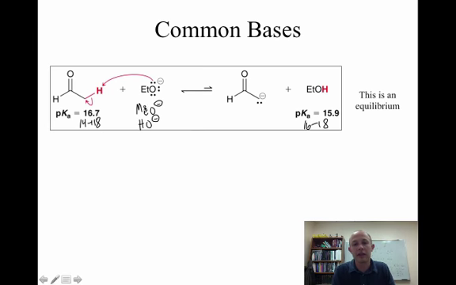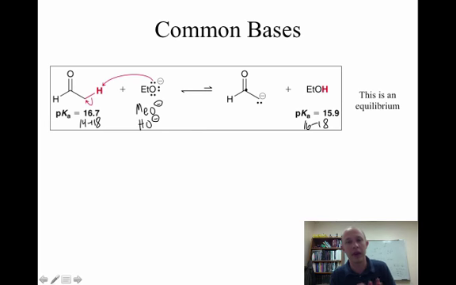So what you'll see is an equilibrium. If we look at the strength of this acid versus the strength of this acid, they're roughly equal. So what we get is an equilibrium here where there's a measurable concentration of the ketone or aldehyde form, and there's a measurable concentration of the enolate form.